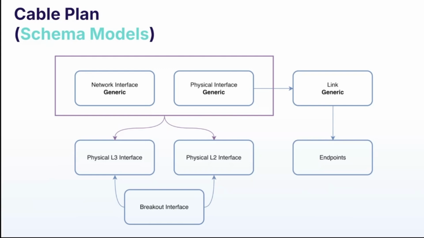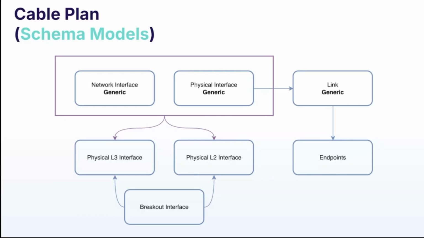So we use some of the concepts such as a generic that had the role of the interface on it, as well as the status. Then we separated it out a little bit more. We also had a physical interface generic, which basically said, hey, this physical interface can have a link on it.